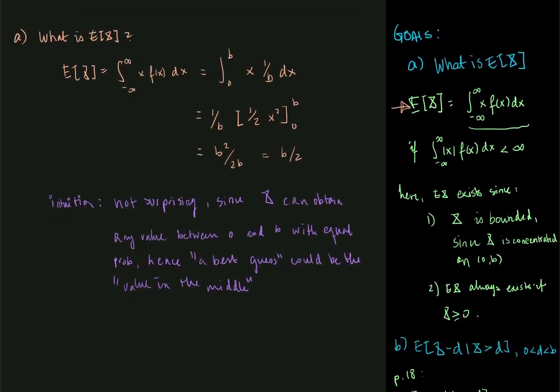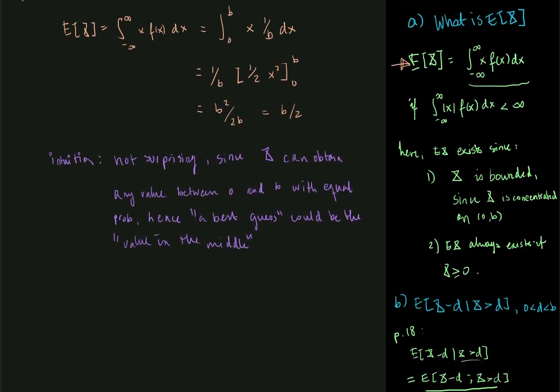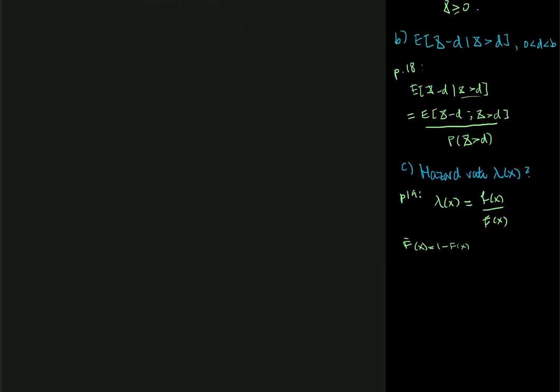Now let's take a look at the next part, B, where we are asked to find the mean excess. So it's the mean of the excess, given that x is greater than some value.